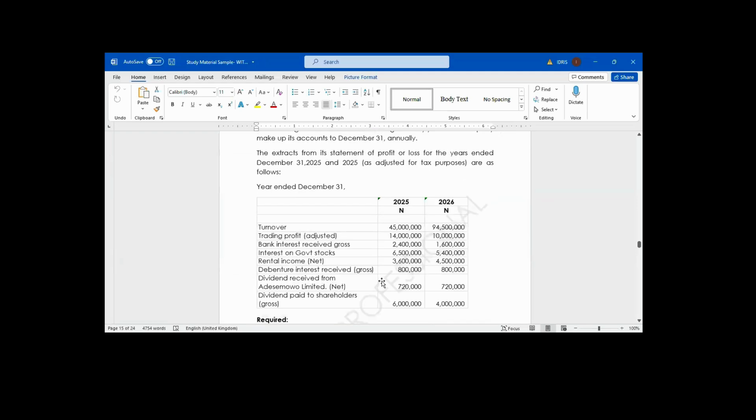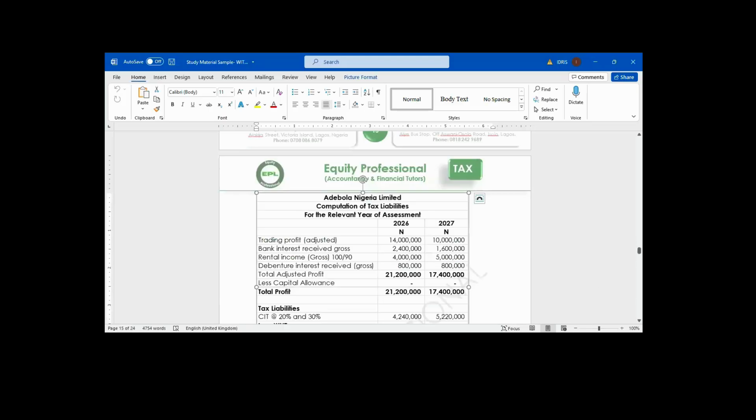After debenture interest, we have another one, dividend. Dividend received, dividend paid. Is dividend taxable income? No, sir. So that is the reason why I did not add dividend as part of the income. Look at my solution.